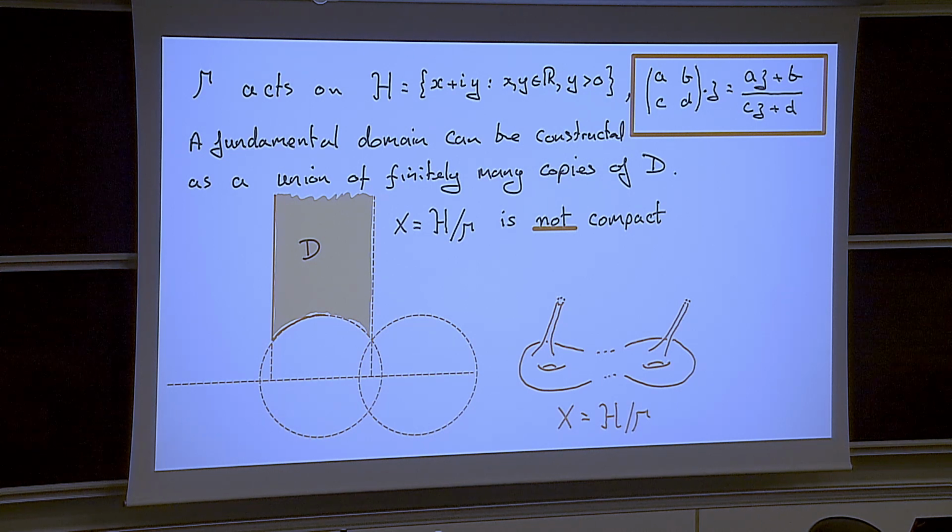The upper half plane is not compact. You quotient by your group, and so you'll get some kind of surface, but it won't be compact. So the way I would think of that is, there are bits that aren't there. That's the way I picture the quotient. A non-compact surface.